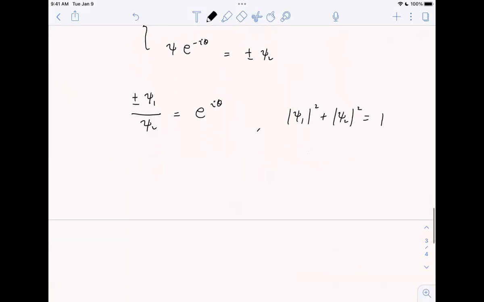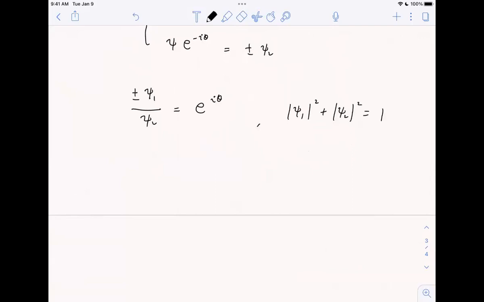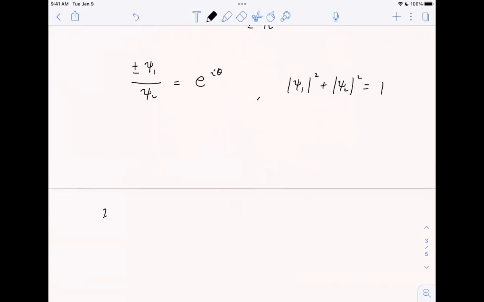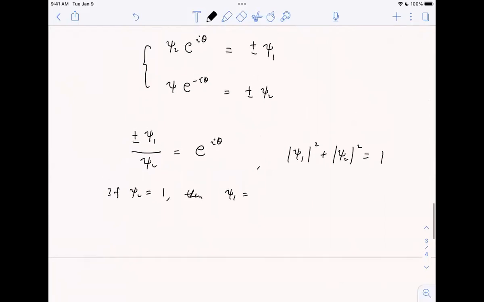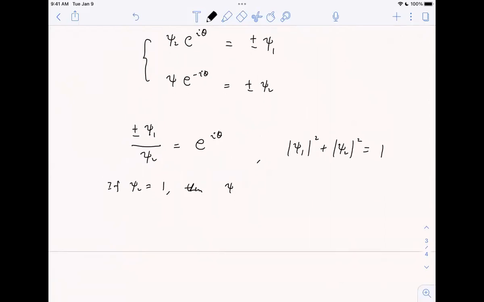So for example, okay, so let's set, if this equals 1, then this will be, let me see. I mean, if this is 1, then okay, then you have this.